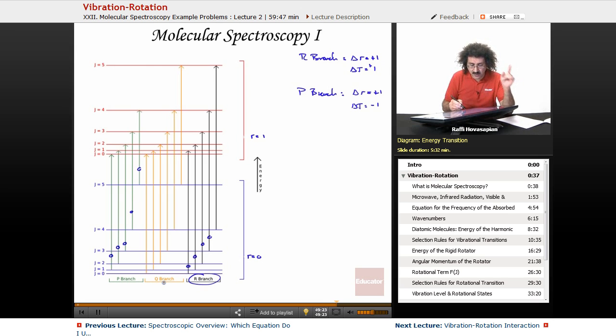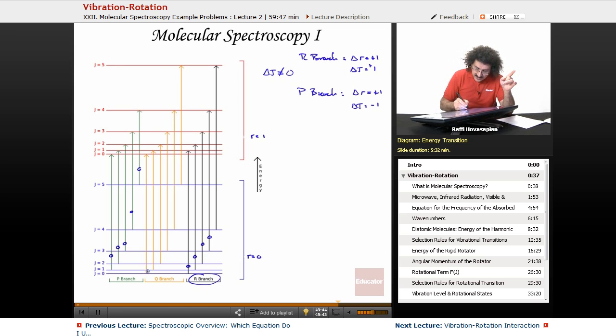Now this Q branch, notice where the lines go. We're jumping up from a vibrational state, v equals 0 to v equals 1. That's fine, the selection rule can handle that. But we said that delta J has to be ±1. Delta J cannot be 0. That's a forbidden transition.